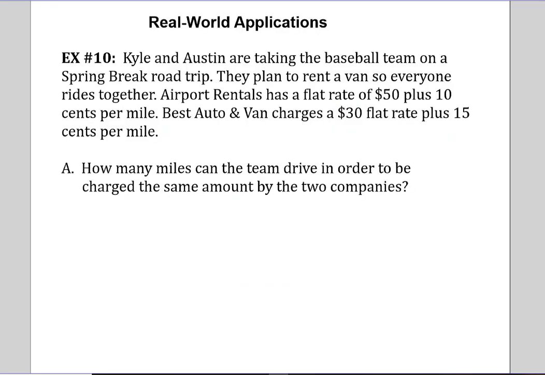And then our last two examples, those are real life examples. Kyle and Austin are taking the baseball team on a spring break road trip. They plan to rent a van so everyone rides together. Airport Rentals, we'll call that capital A, has a flat rate of $50 plus 10 cents for every mile that you travel.